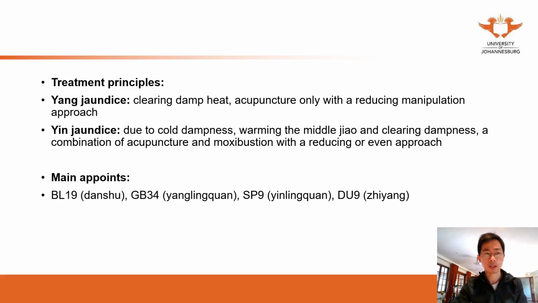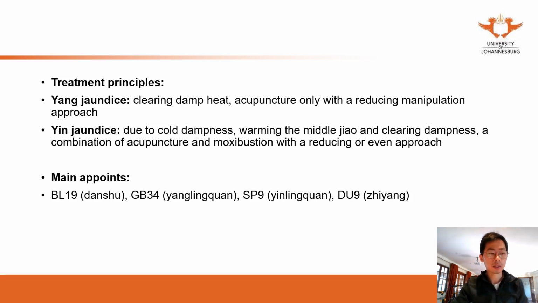So increase the urination if you can. Either use herbal medicine or acupuncture, or even in homeopathy if you have something to induce urination, you can also use it. That's one of the most important treatment principles for jaundice: induce urination.